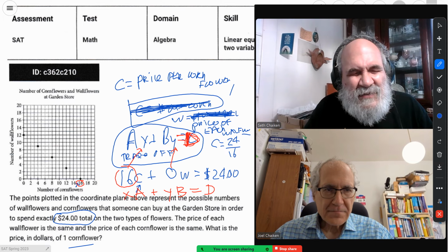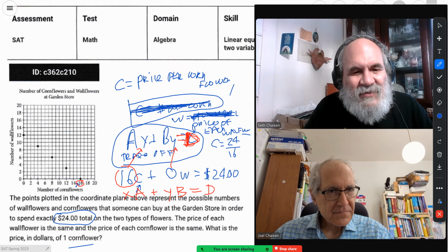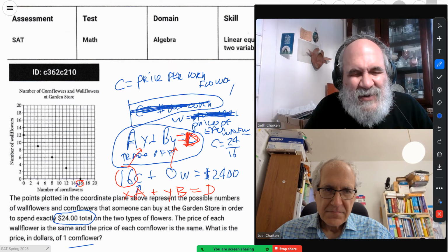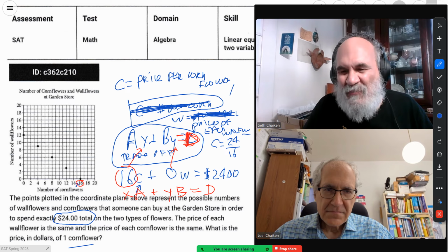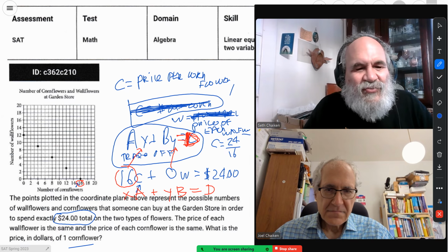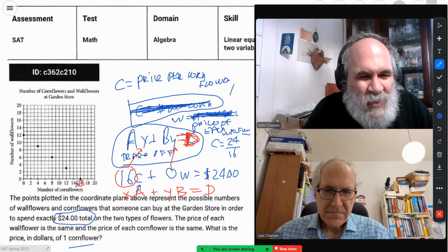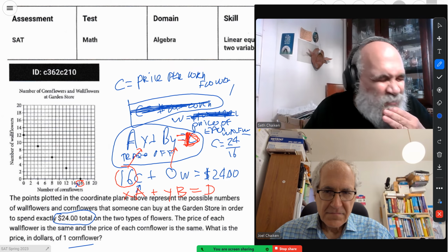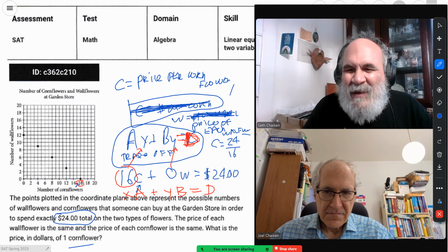No, I really thought it was a very, very strong move to read off the data where the number of wallflowers you buy for $24 is 0.